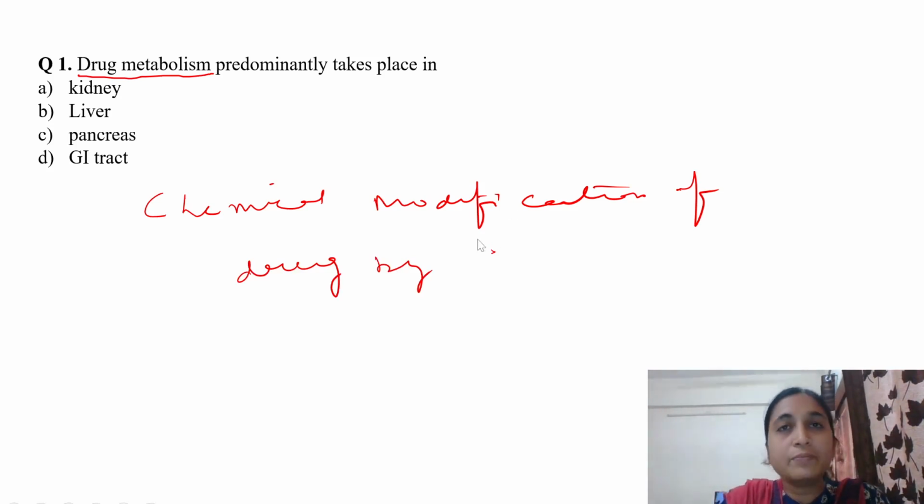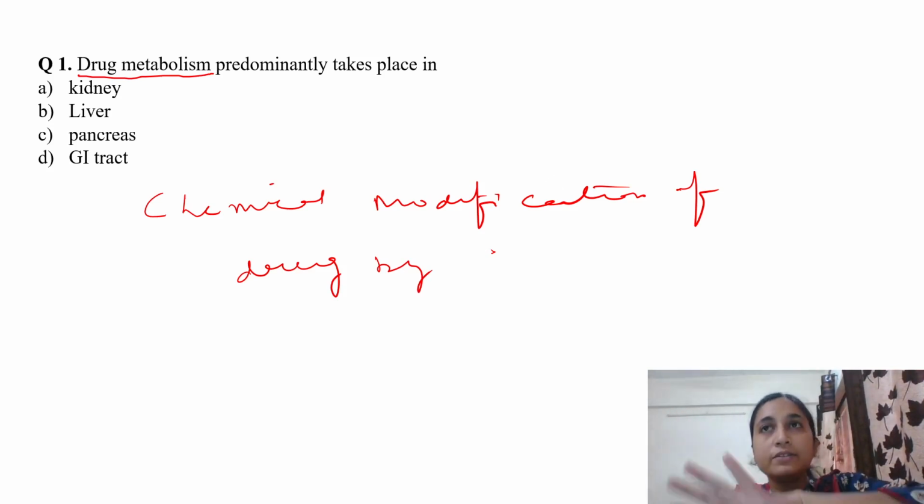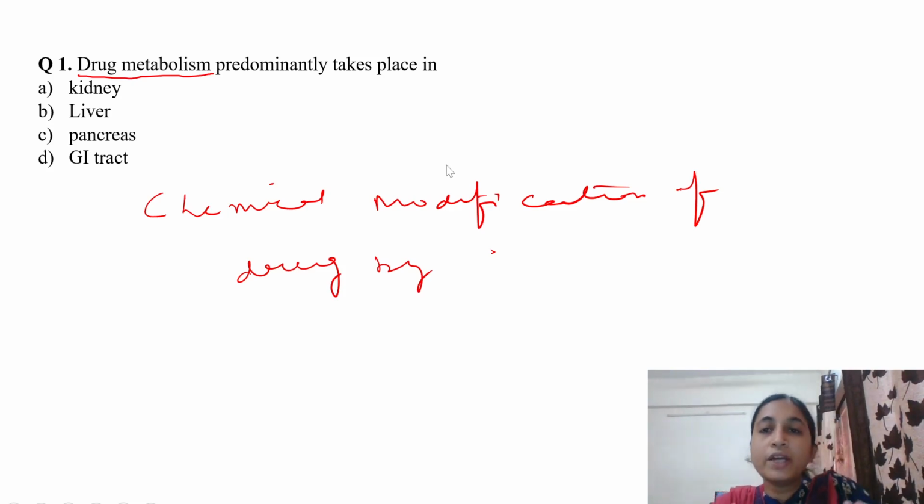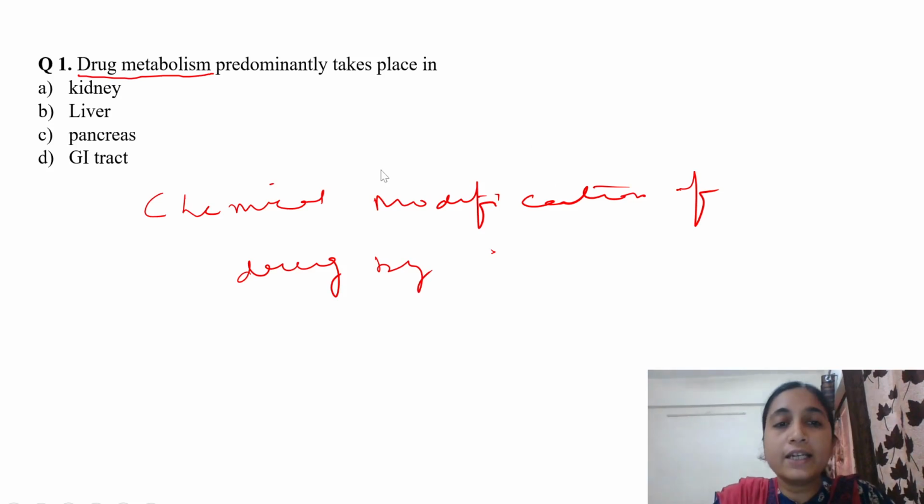Why is it required? Because whenever we take drugs or xenobiotic compounds, not all of them will reach the target site. So the rest have to be excreted from the body. For that, the chemical modification occurs, so it can easily dissolve in water and get excreted.